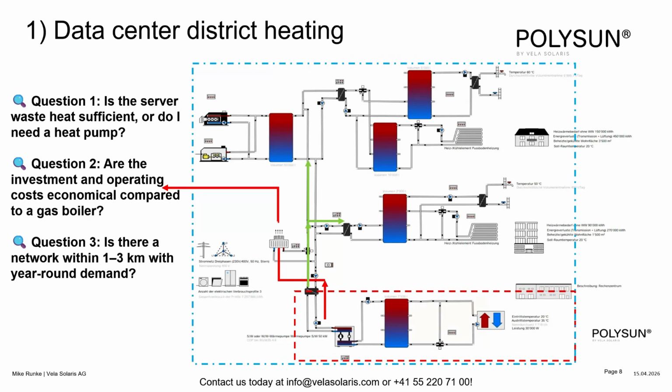So, what do you see here? This is a standard template of our software. Everybody can access it. And we have here lines or system borders, let's say. The blue one is like the whole district, which is analyzed, and the red dotted line shall be the data center.